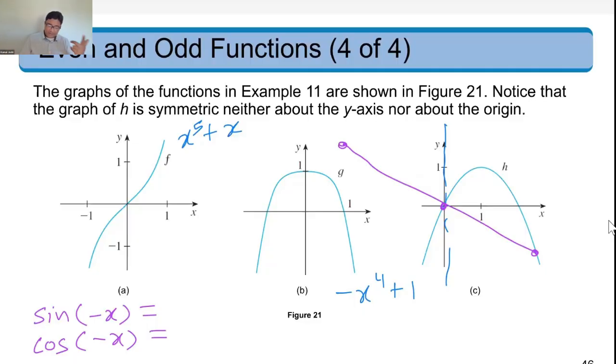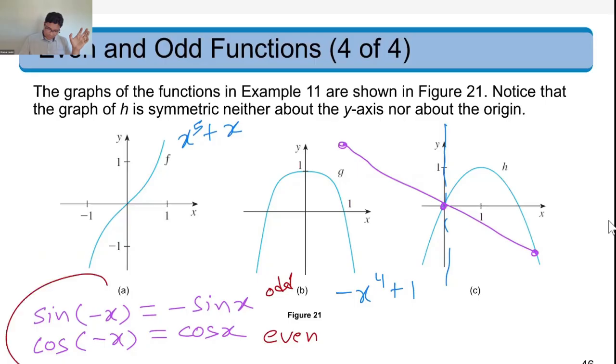So it turns out in trigonometry, sine of minus x is minus sine of x, and cos of minus x is cos x. So if you go by that analytic definition that we wrote earlier, this is even and that is odd, right?